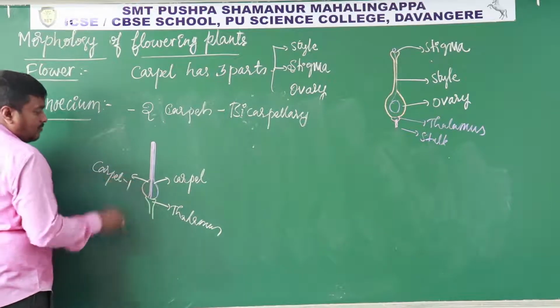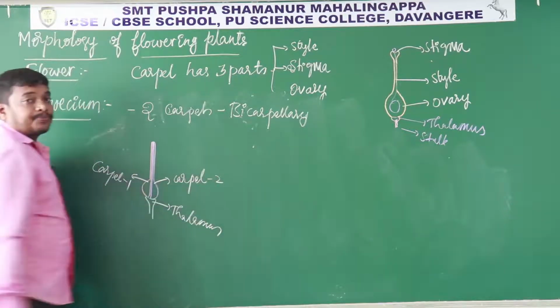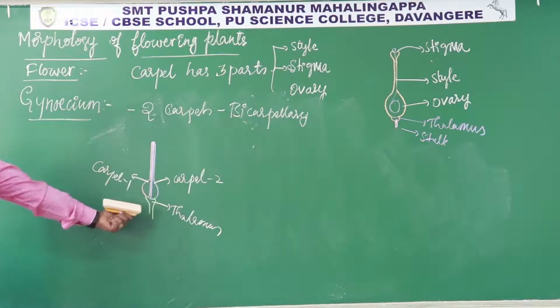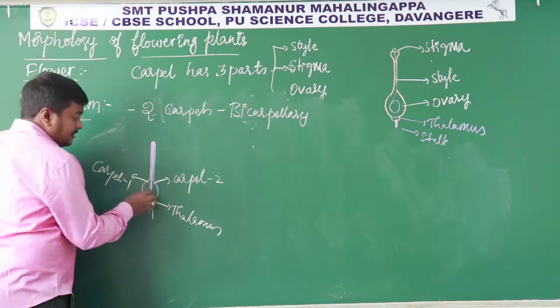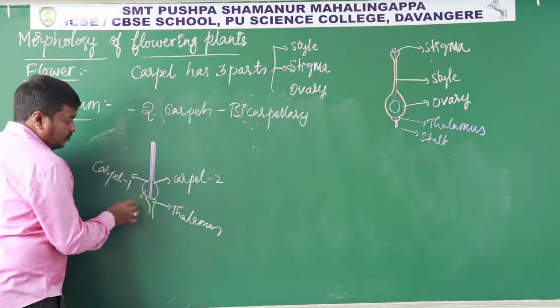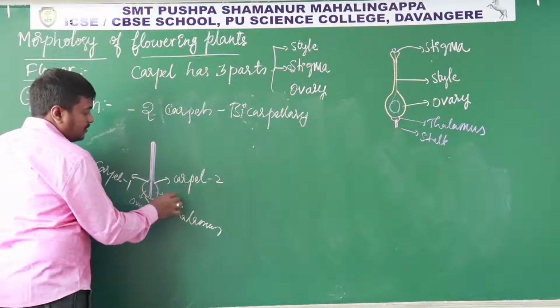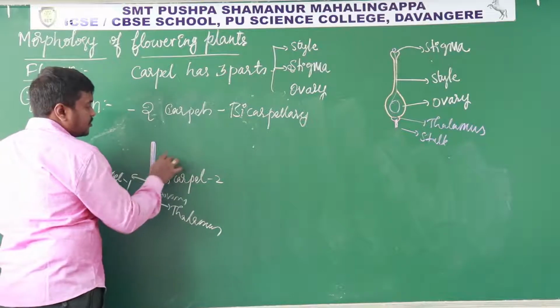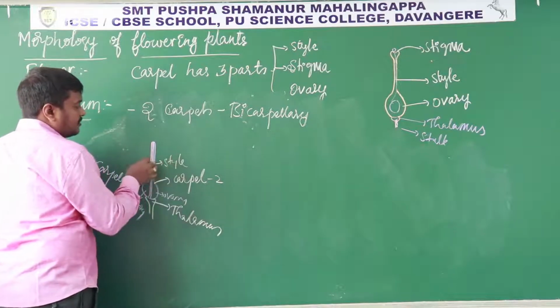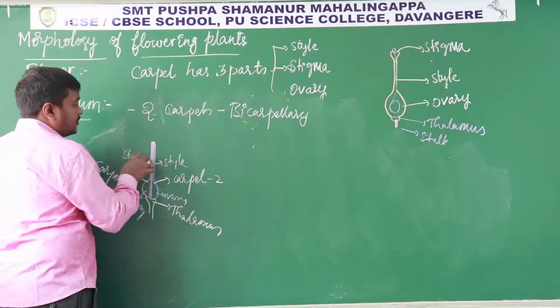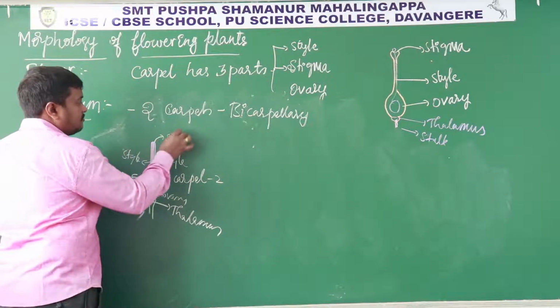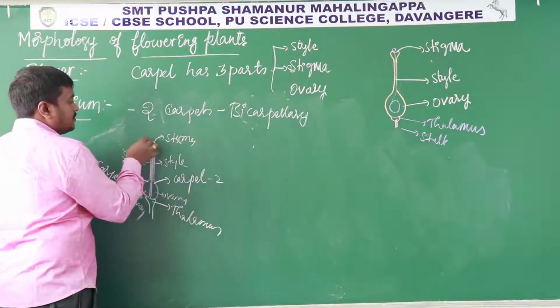So we can say carpel 1, carpel 2. So it is bicarpellary. And this individual one, this is ovary. This is also ovary. This is style. This is also style. This is stigma. This is also stigma.